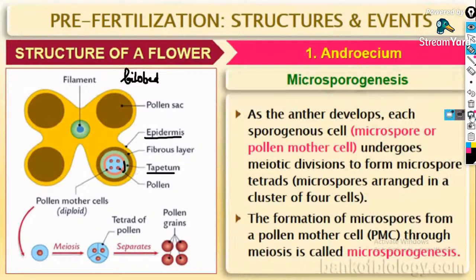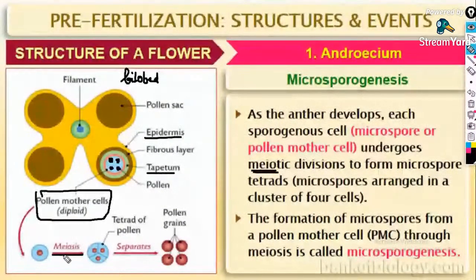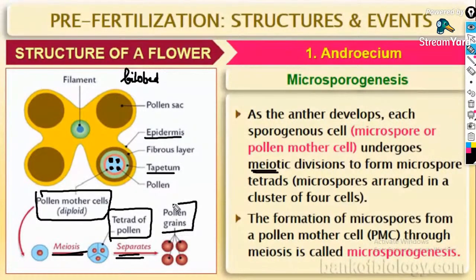The sporogenous cells, also known as the pollen mother cell or microspore mother cell, undergo meiotic division to form the microspore tetrad. Finally, the microspore tetrad separates to give pollen grains.